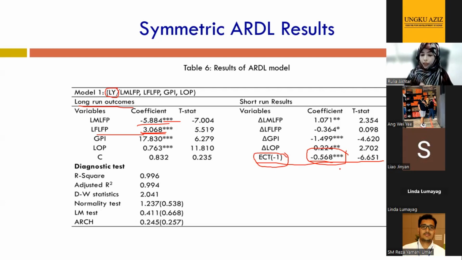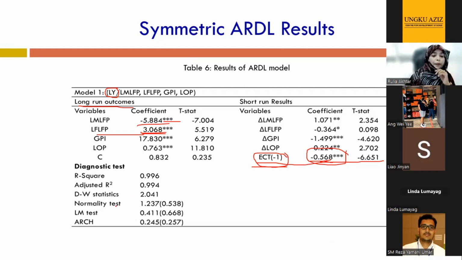So here, how many percent is the speed of adjustment? 56% speed of adjustment. And how many years? I will calculate that once we do the practical, and show you how. The speed of adjustment means how fast it goes from the short term to the long term, to the equilibrium point. This is the error correction term, the speed of adjustment.